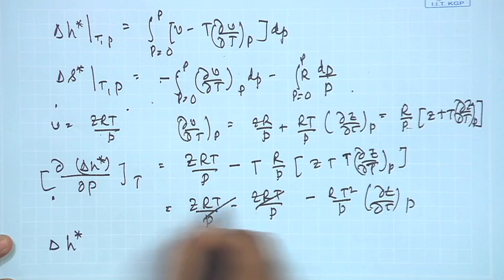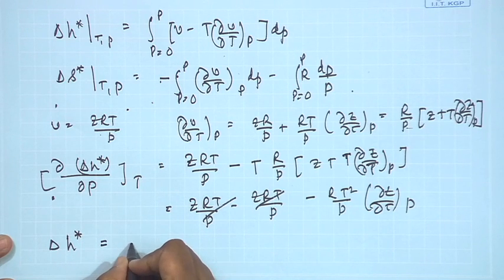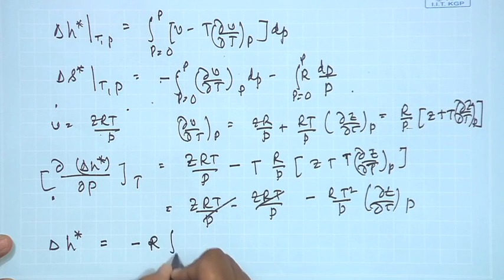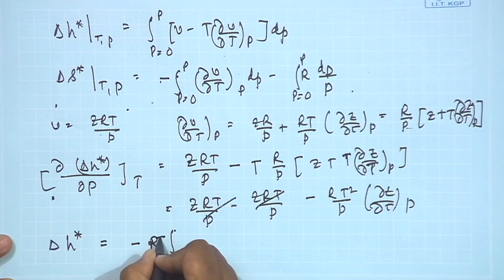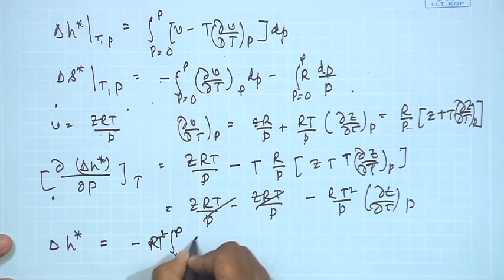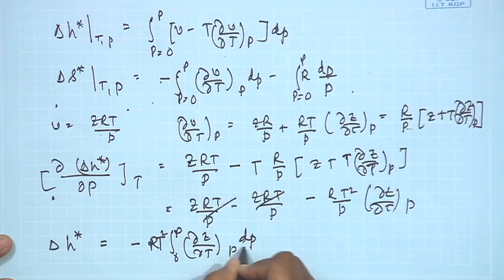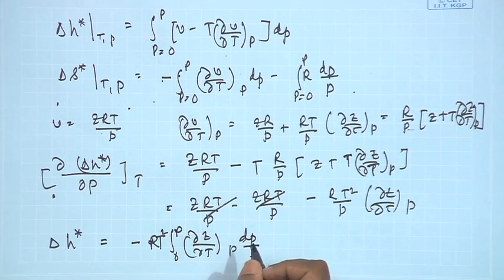Or in other words, this can also be written down as delta H star, on integration we get, this is nothing but equal to minus RT square integral 0 to P del Z del T at constant P dP by P, isn't it?